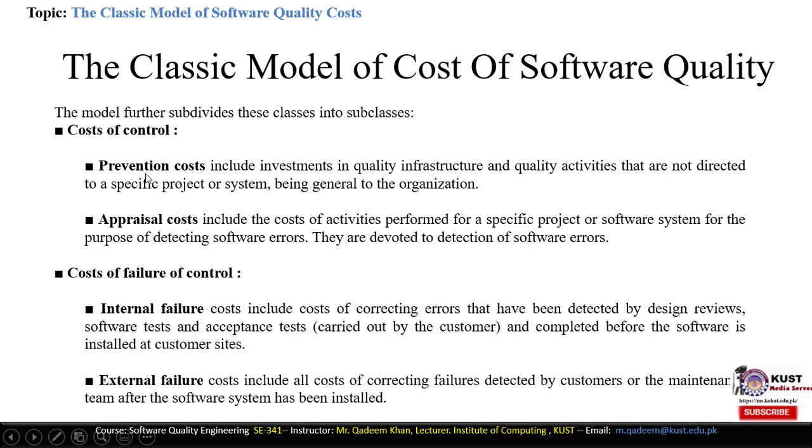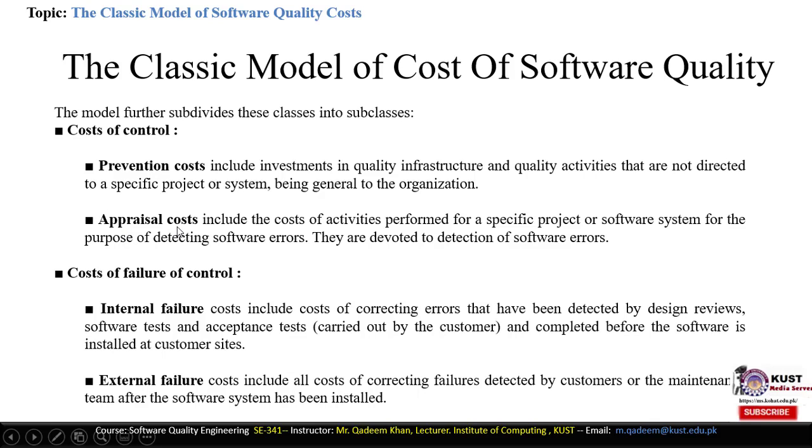While prevention costs include the investment in quality infrastructure and quality activities which are not directed to specific projects or system needs, and are general to the organization, meaning that we have to prevent certain defects or errors from arising.